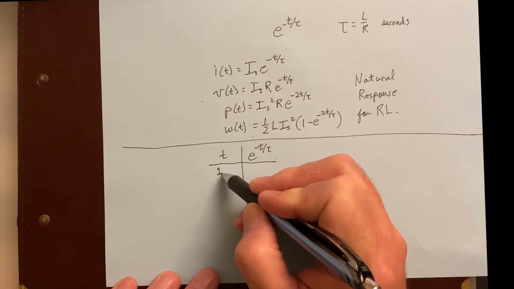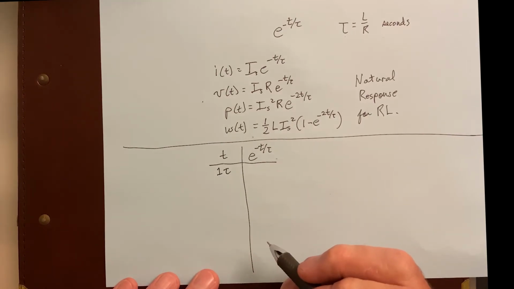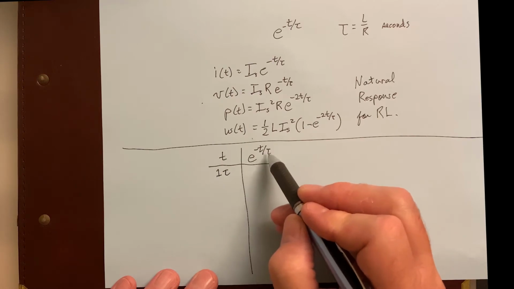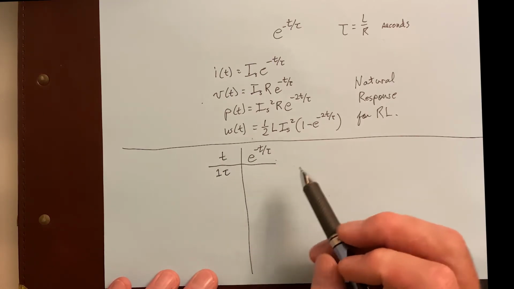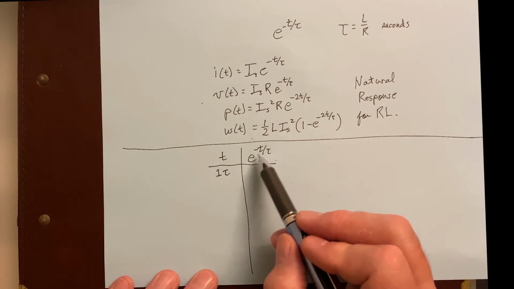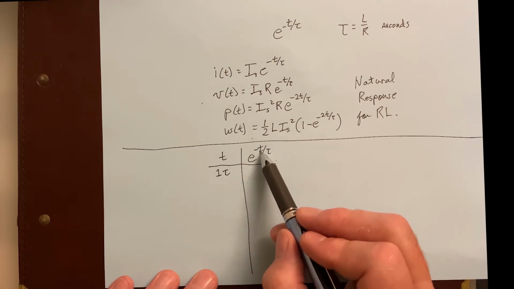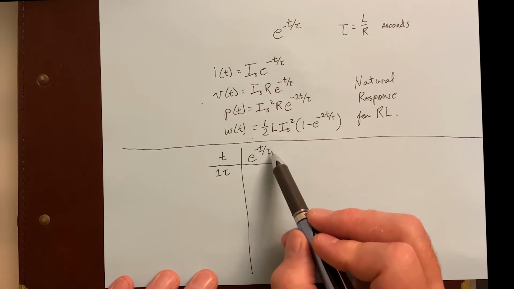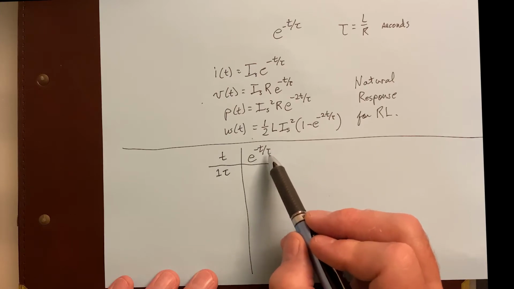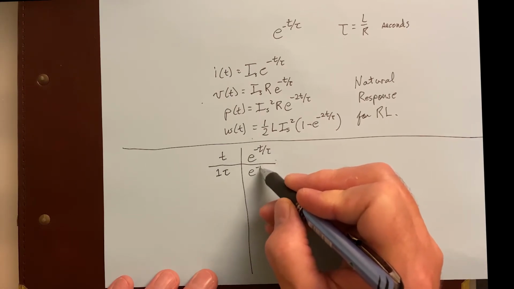So you could say after 1 tau of time, you plug that in here. Do this with your calculator. Plug in 1 tau for t. The t's and the taus are going to cancel, and I'm going to be left with e to the negative 1.